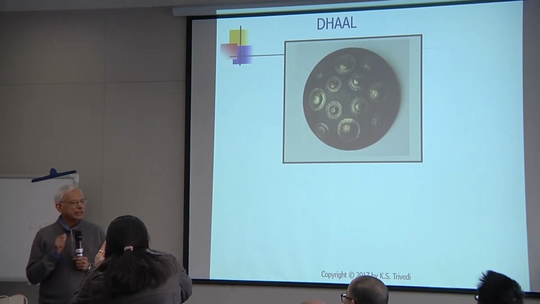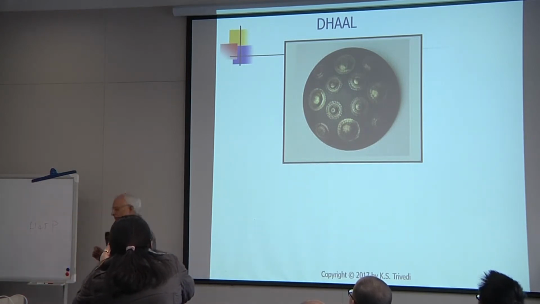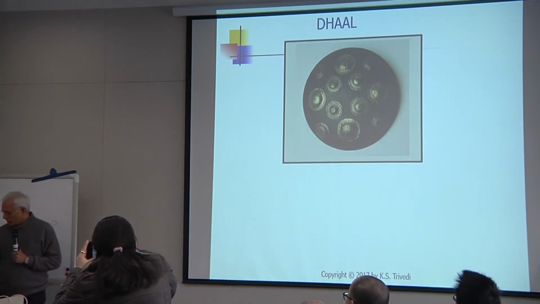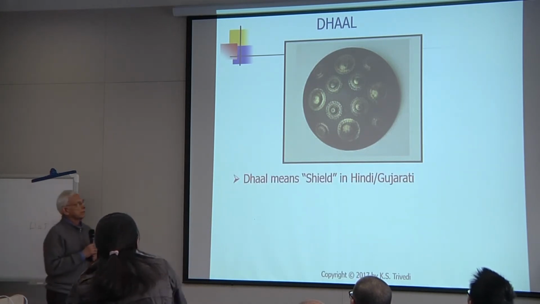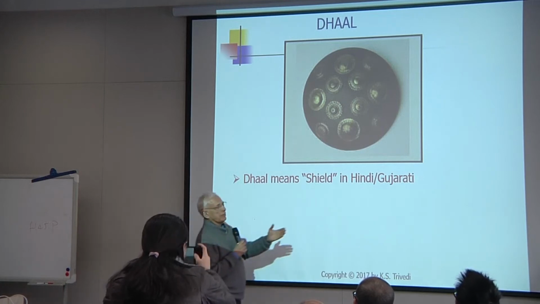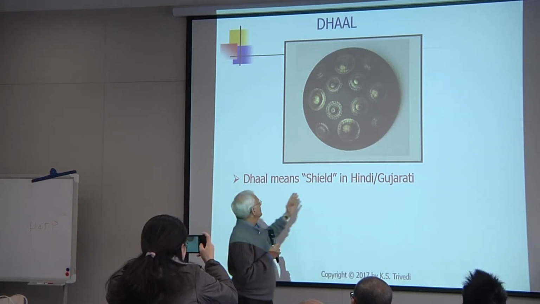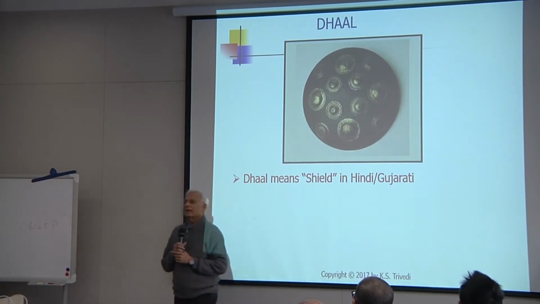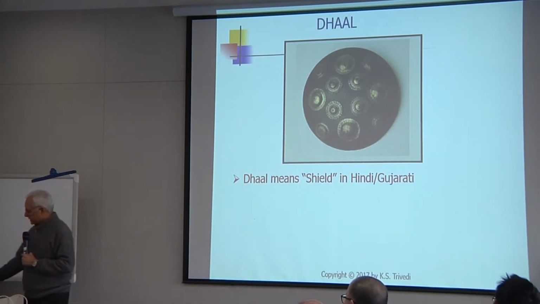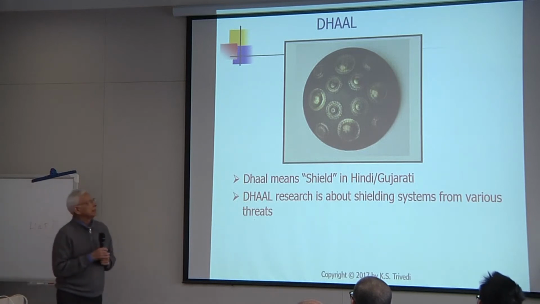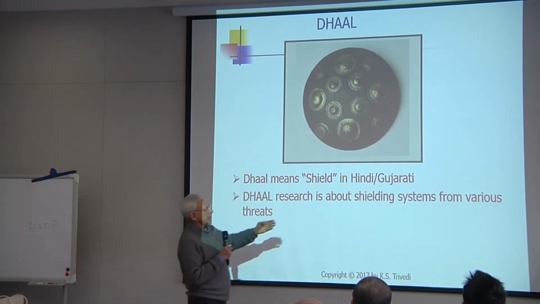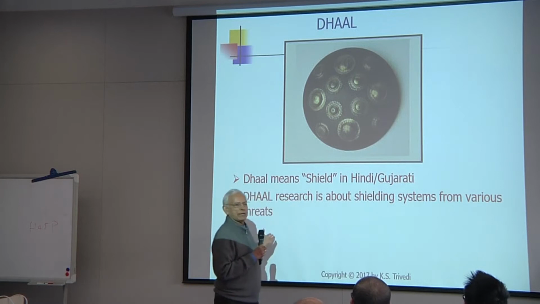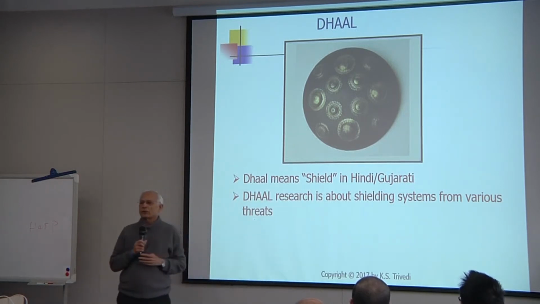Sword in one hand and shield in the other. And there is a reason for using this logo, because in two of the languages that I grew up with, Gujarati and Hindi, the meaning of the word DAL is shield. And it makes sense because my research has been about shielding systems from various bad things happening to the systems, right? So it's very appropriate.